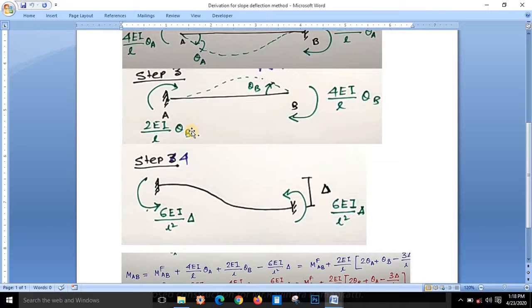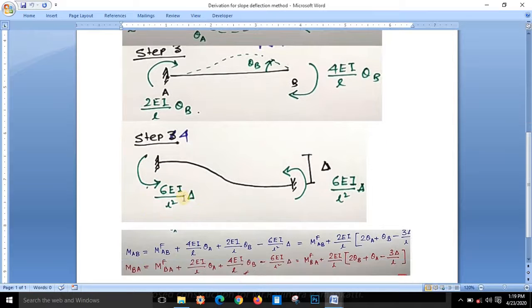Similarly, in step number 4 I am going to keep both ends constant but the support B sinks by amount delta. After this sinking, the amount of sink can be calculated by using this formula.